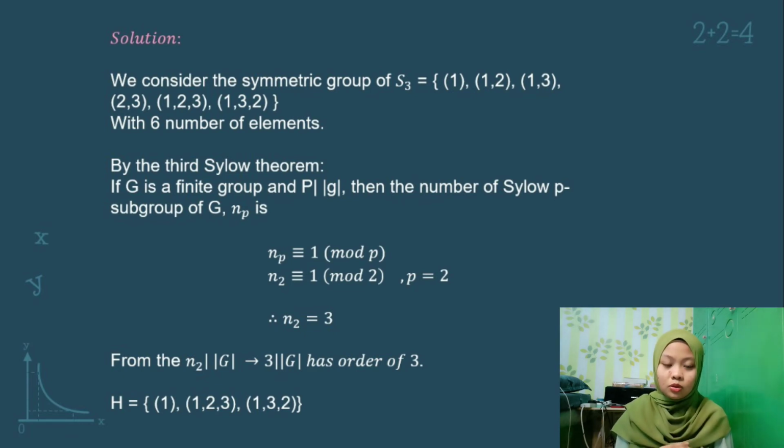So we get n_2 equal to 3, because the remainder of 1 over 2 is the same as the remainder of n_2 over 2, which is 3 over 2. Since n_2, which is 3, divides the order of G, which is 6, and the subgroup H has order 3, which is (1), (1 2 3), and (1 3 2).